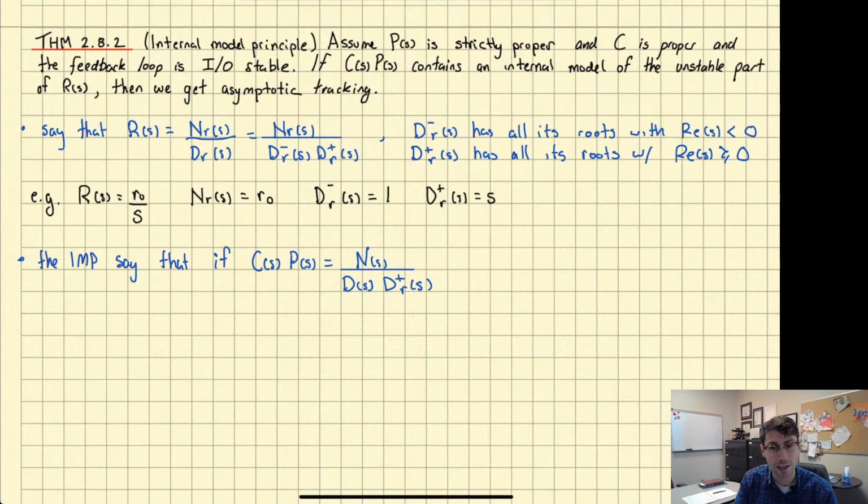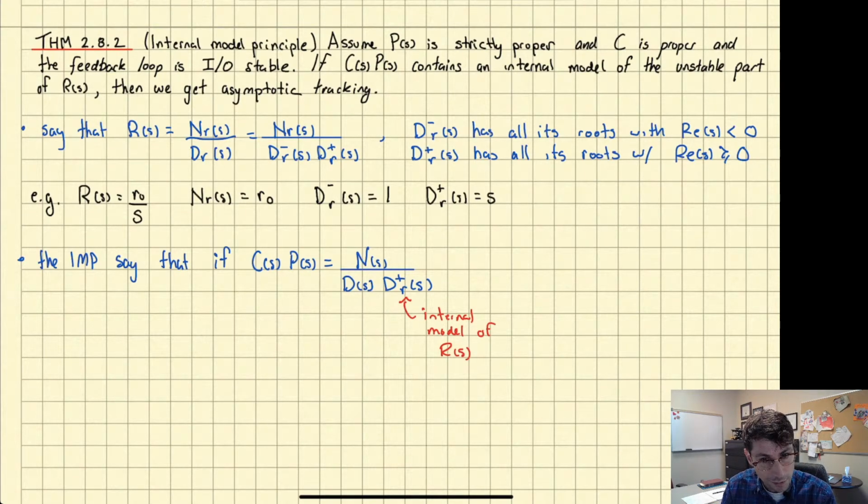Just like in the case of step tracking, we needed an integrator. More generally, we just need the unstable part of R. So this is what we'll call the internal model of the reference.